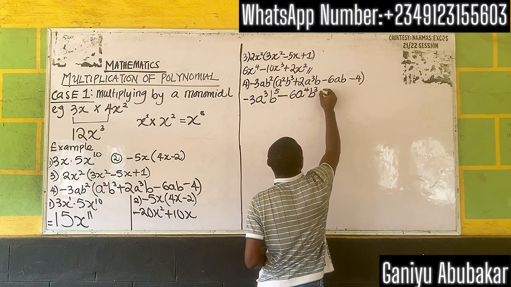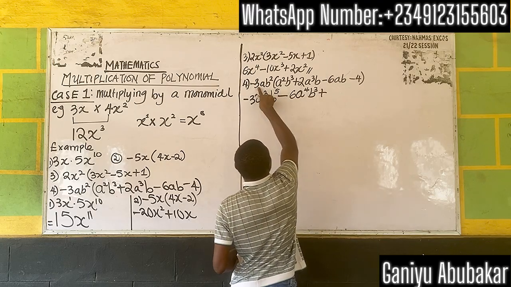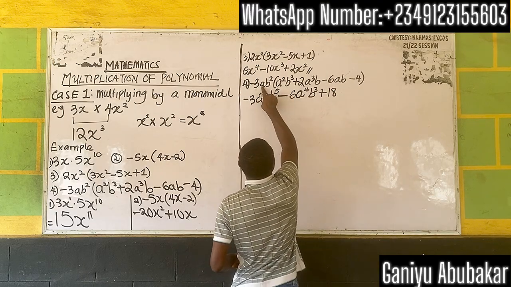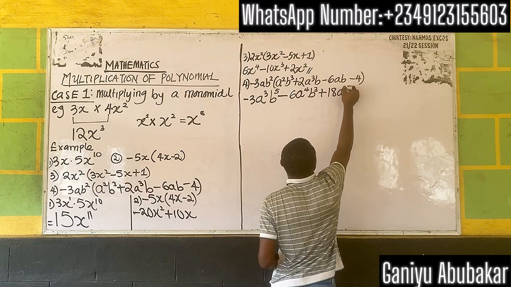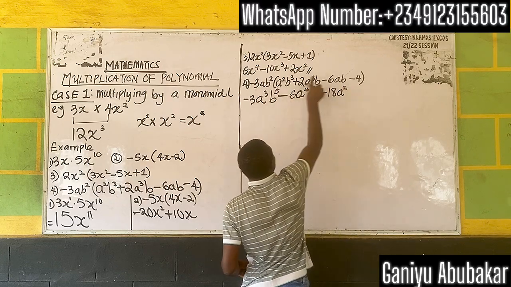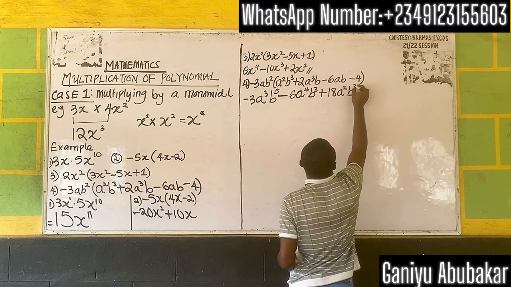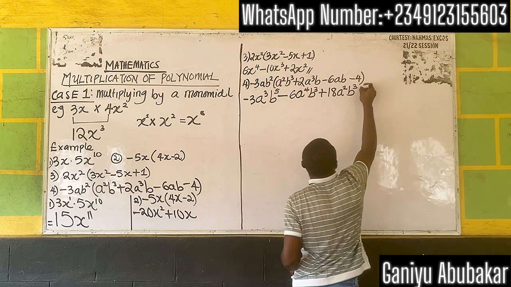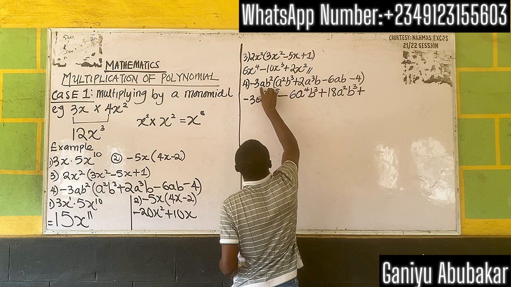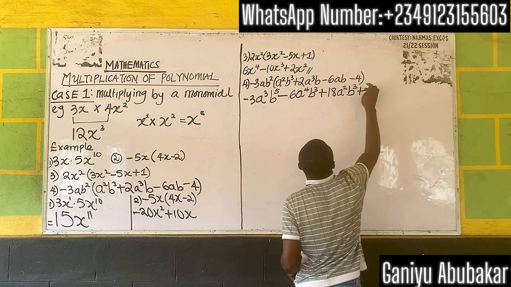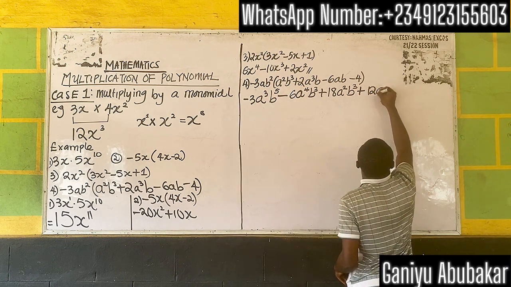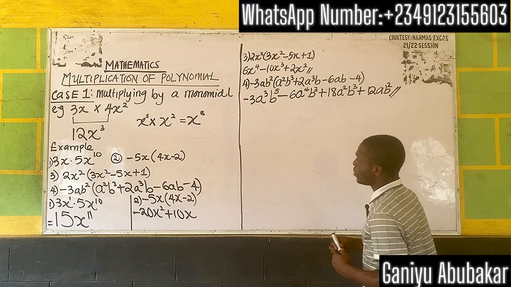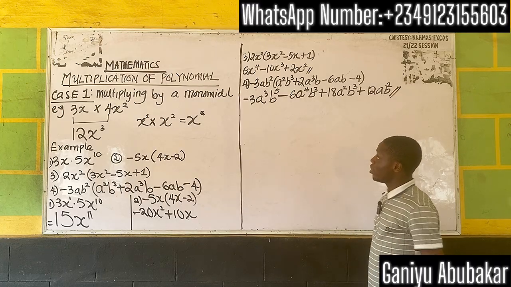Minus times minus gives you plus. 3 times 6 gives you 18. A times a gives you a squared. B squared times b gives you b to power 3. Minus times minus gives you plus. 3ab squared times 4 gives you 12ab squared. This is how you solve this particular question.